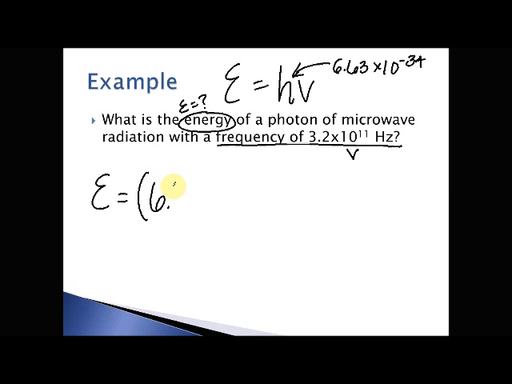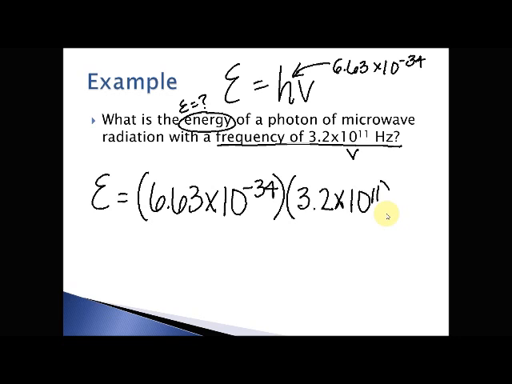We'll take 6.63 times 10 to the negative 34 times our frequency of 3.2 times 10 to the 11th. When you type this in your calculator, you should do 6.63 EE negative 34 times 3.2 EE 11 equals, and you should get, with correct significant figures, 2.1 times 10 to the negative 22 joules.